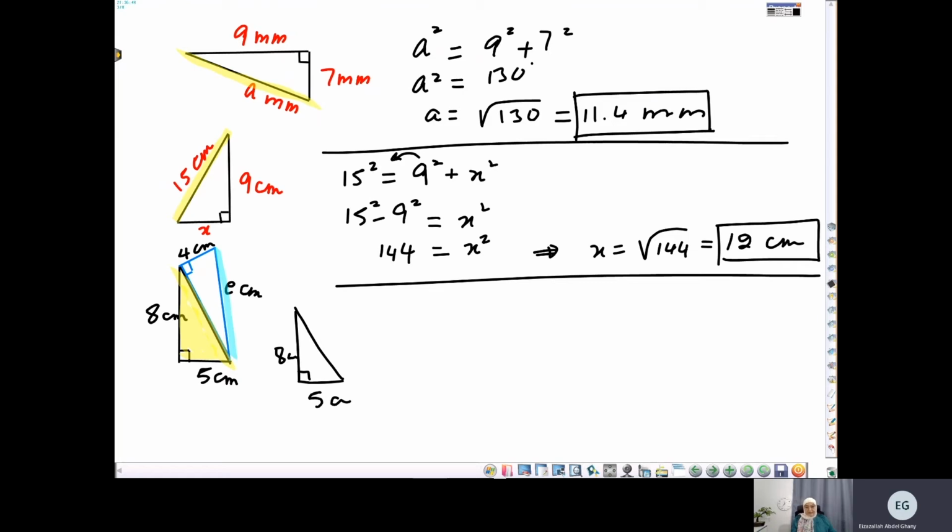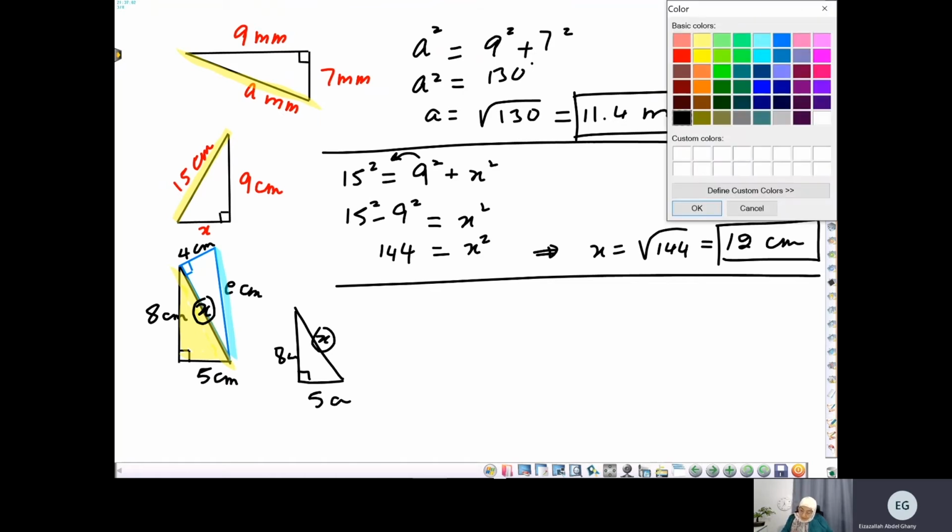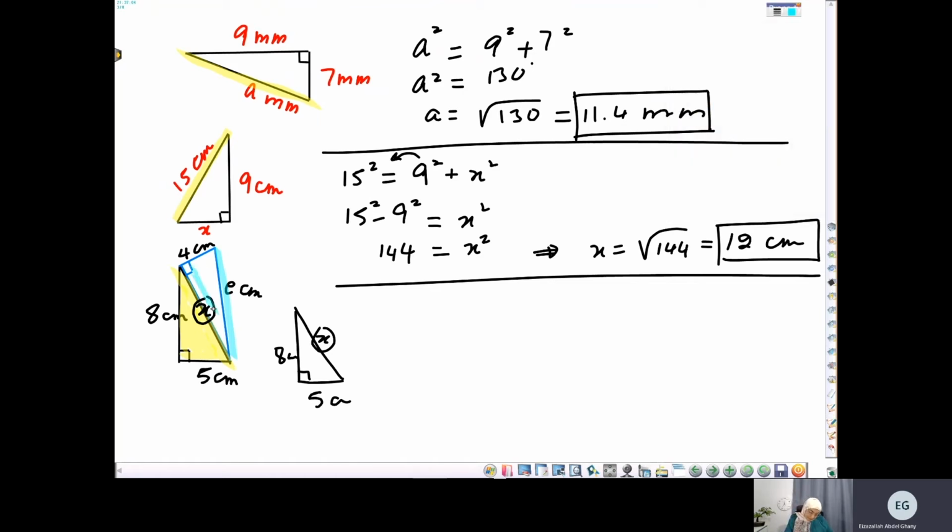Let's call it any letter but not E, because E is used. Let's call it X. This X, you have to find it. It has priority because this X is the only common side in both triangles, the yellow one and the blue one. Search for the common side in both triangles and start with it.